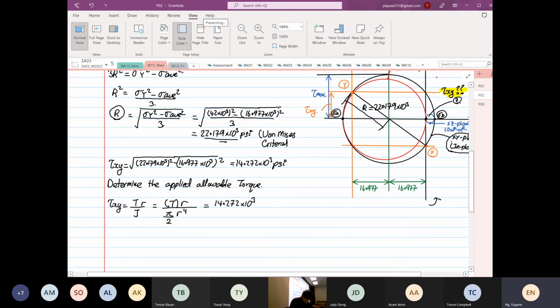So we can cancel our radius to become cube. So our torque is equal to 14.272 times 10 to the power 3.